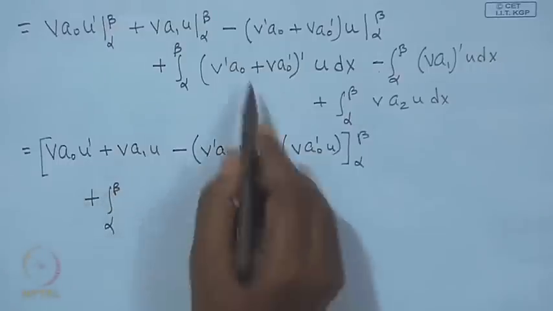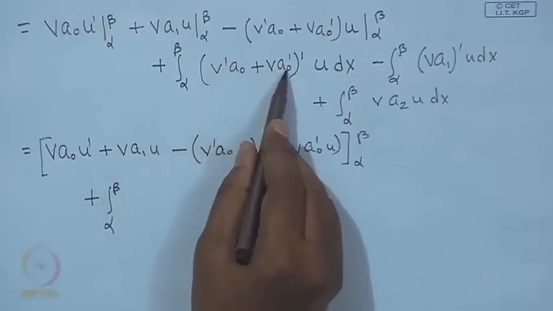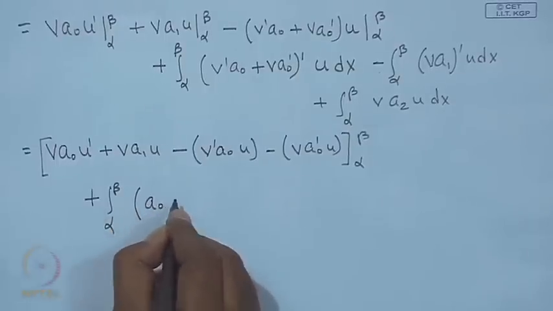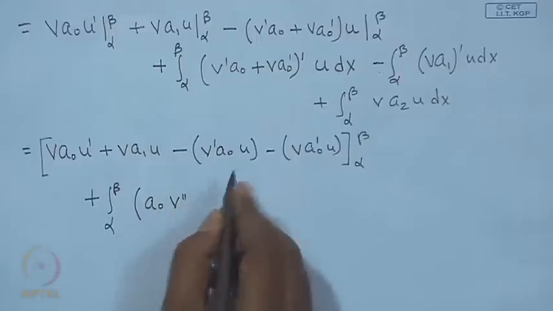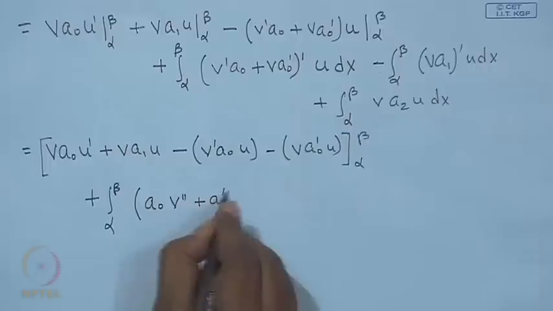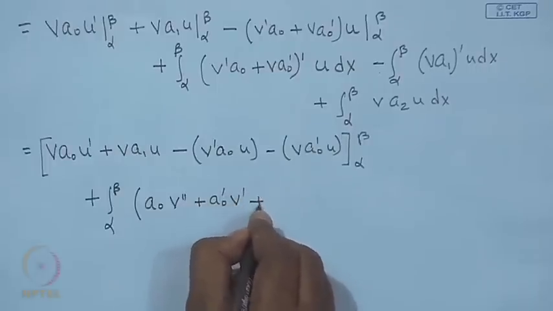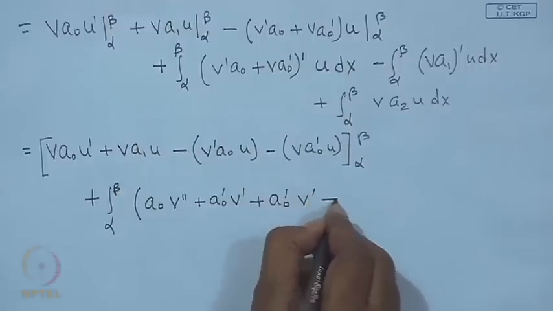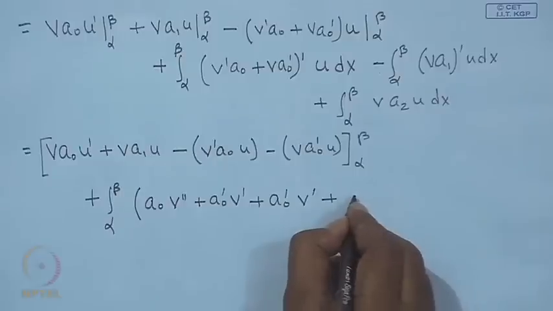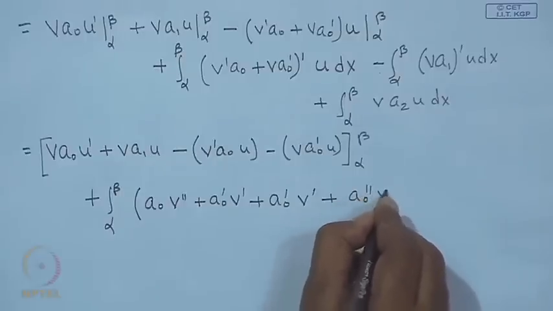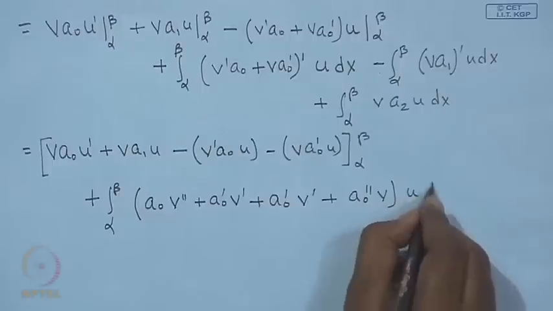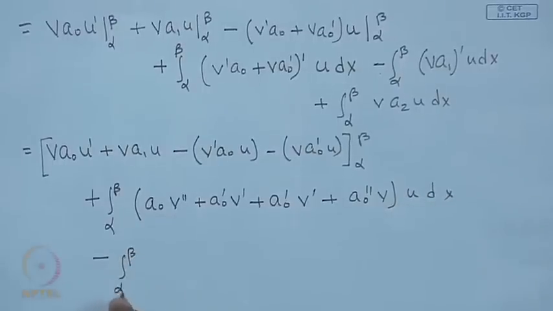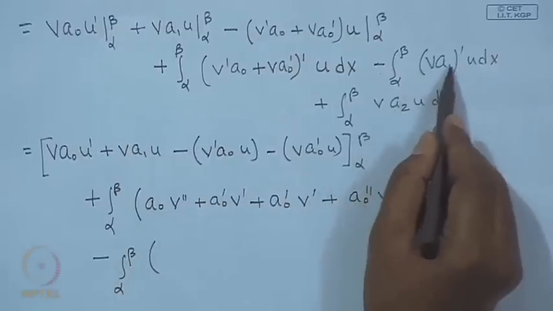Plus alpha to beta v prime a 0 plus v a 0 prime of that. So, this becomes a 0 v double prime plus a 0 prime v prime plus a 0 prime v prime plus a 0 double prime v times u dx. Then we put the other two terms v a 1 prime of that.